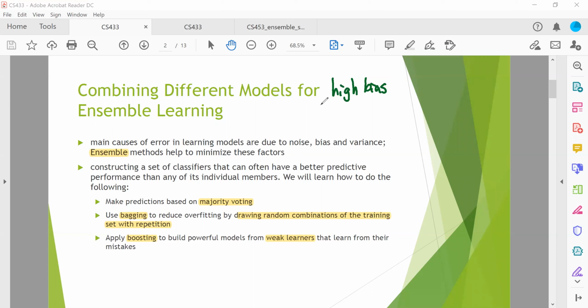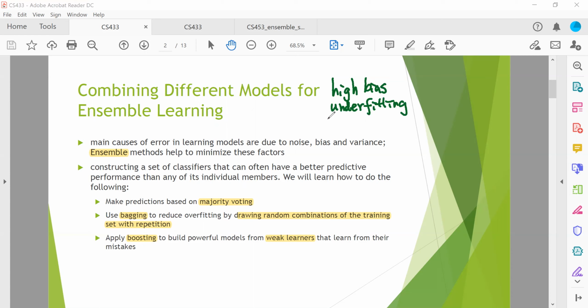I think overfitting. Higher bias, yeah, it's underfitting. Remember this, underfitting. Very good. You two can both get a bonus point, just send it to the chat. So higher bias leads to underfitting.